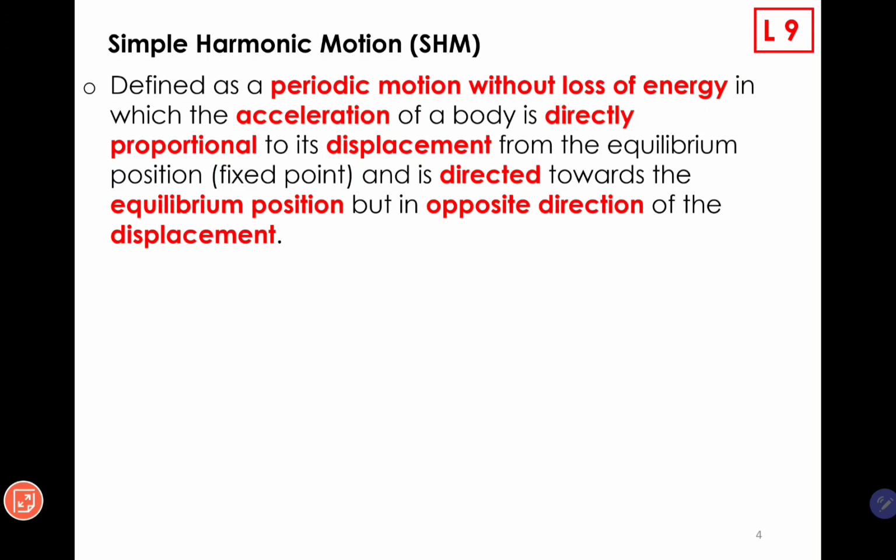In which the acceleration of a body is directly proportional to its displacement from the equilibrium position or fixed point and is directed towards the equilibrium position but in opposite direction to the displacement. So the keyword here is repeated motion without any loss of energy. The acceleration is directly proportional to the displacement but in the opposite direction of the displacement.